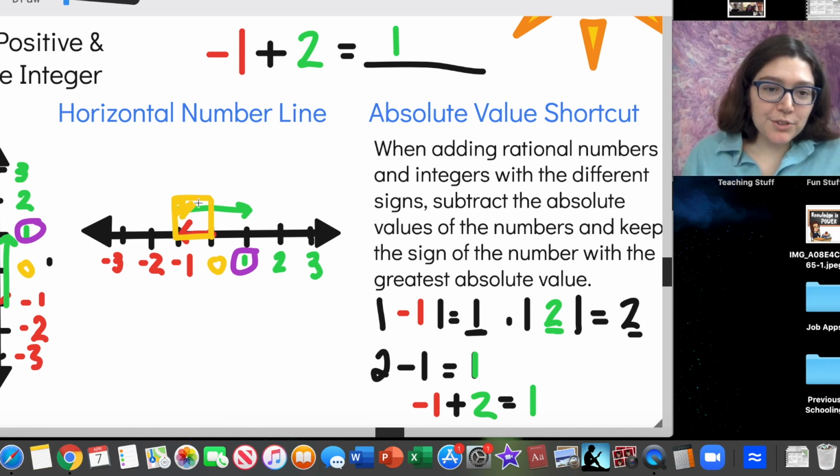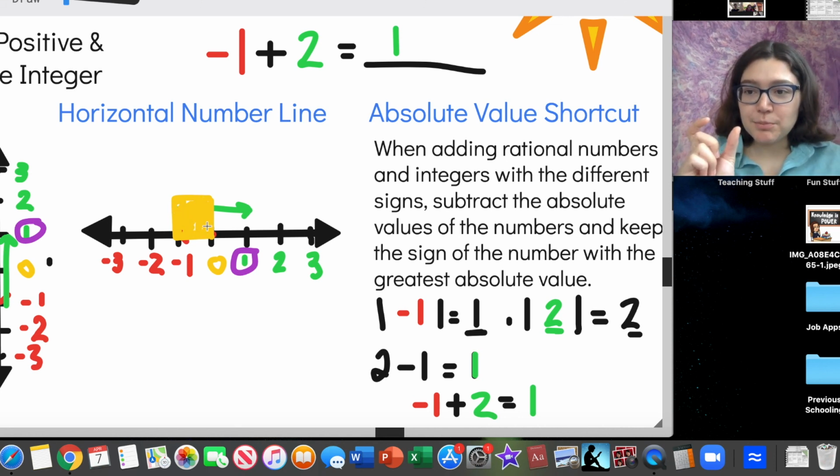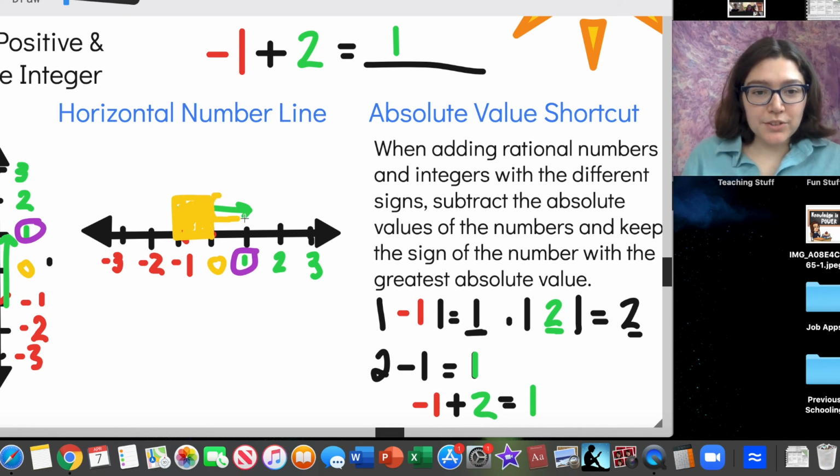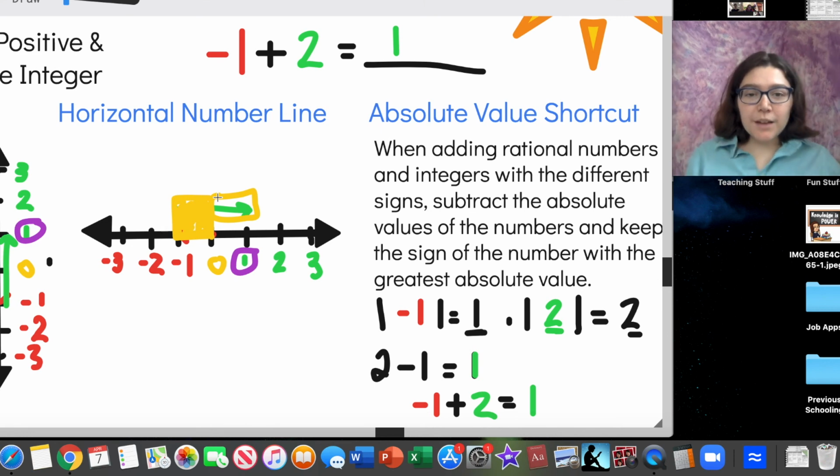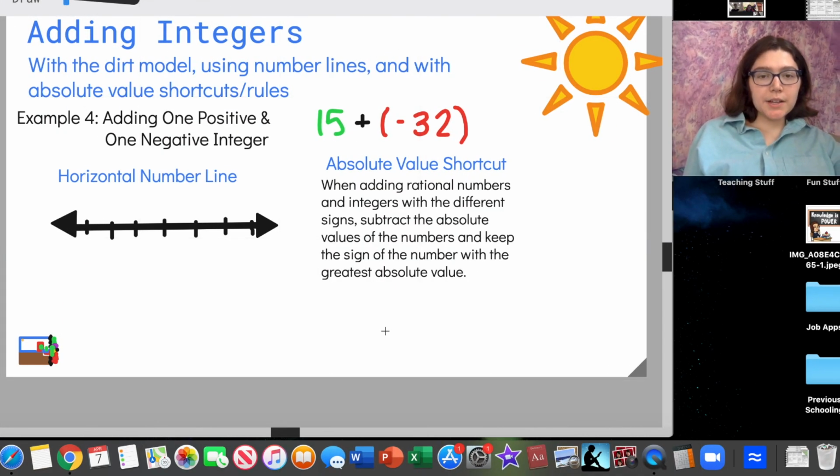This is being subtracted away, and all I'm left with is that difference between the absolute values. The difference between the absolute values here is 1, right? So that's what I see left in my picture. It's an arrow that's going 1 to the right because the absolute value of 2 was bigger, right?